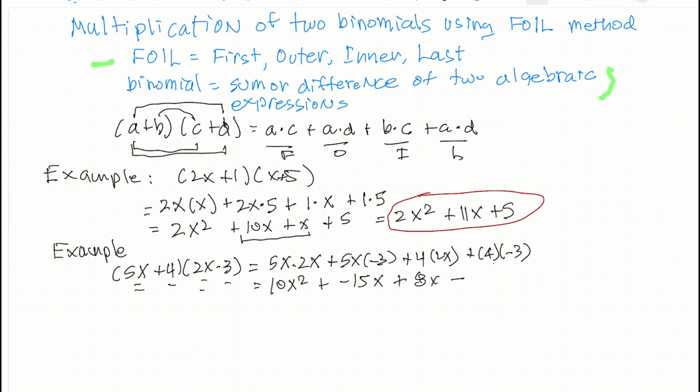And then 4 times minus 3 is minus 12. Now we can combine these terms right here. So that's going to be 10x squared, and a plus 7x because minus 15x plus 8x is a plus 7x, and minus 12. So that is the solution to our second example.